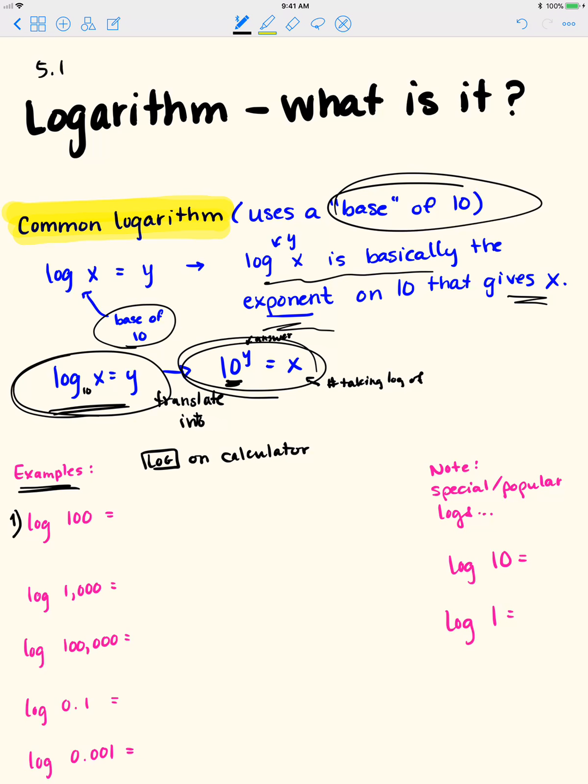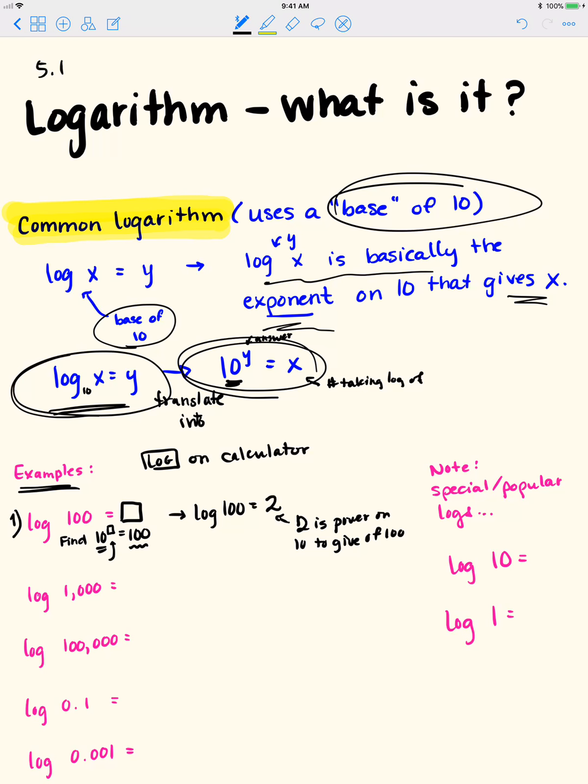You're pretty much asking yourself, 10 to what power would give me 100? Again, the 10 is because it's a base of 10, and the 100 is what we took the log of. So my answer will be whatever power of 10 would give me that 100 that I'm taking the log of. And if you remember, 10 squared, 10 times 10, that'll give you 100. So to answer this, the log of 100 is actually 2, because 2 is the power or the exponent on 10 to give the value of 100.